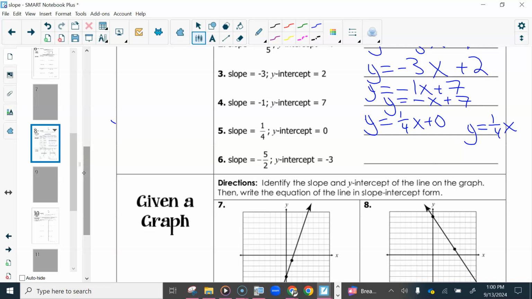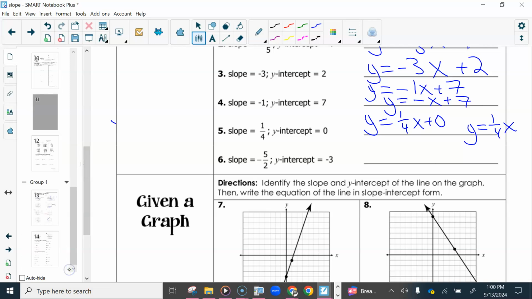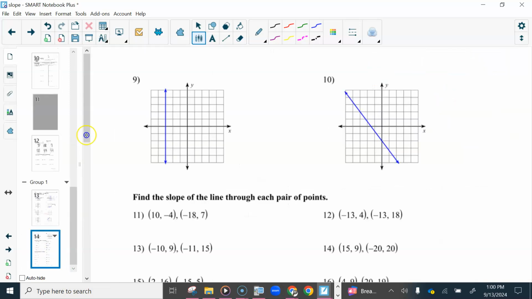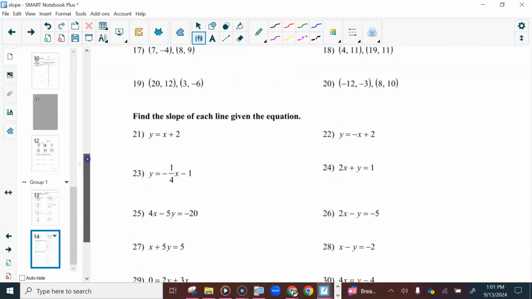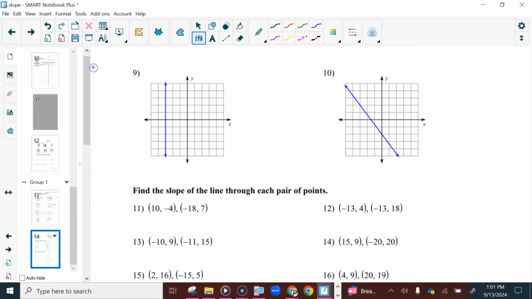So one more time. 15. Sure. Okay. And 17. Yes. Is that what you said? It is 17.